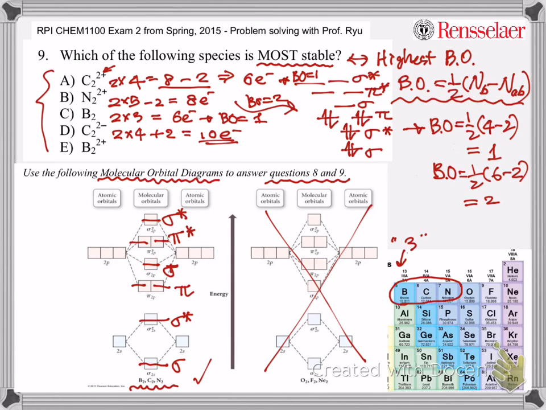So let me use a diagram here: 1, 2, 3, 4, 5, 6, 7, 8, 9, 10. So this is how you're using it.